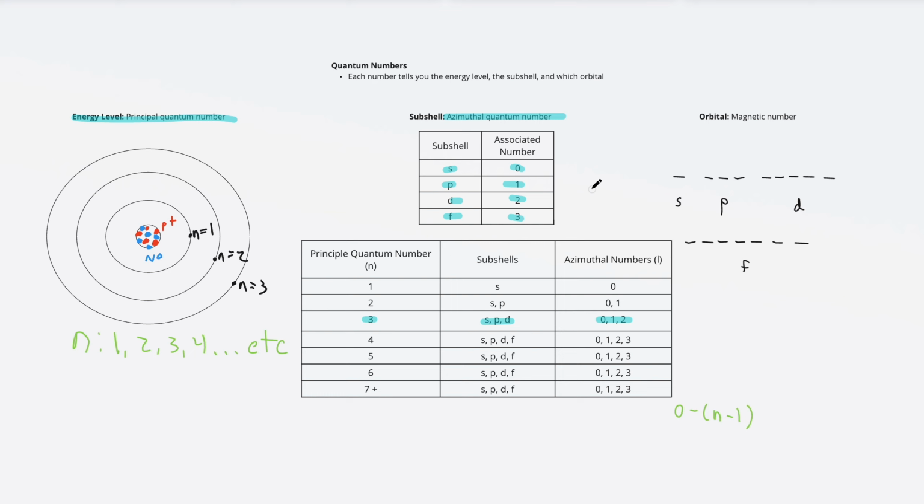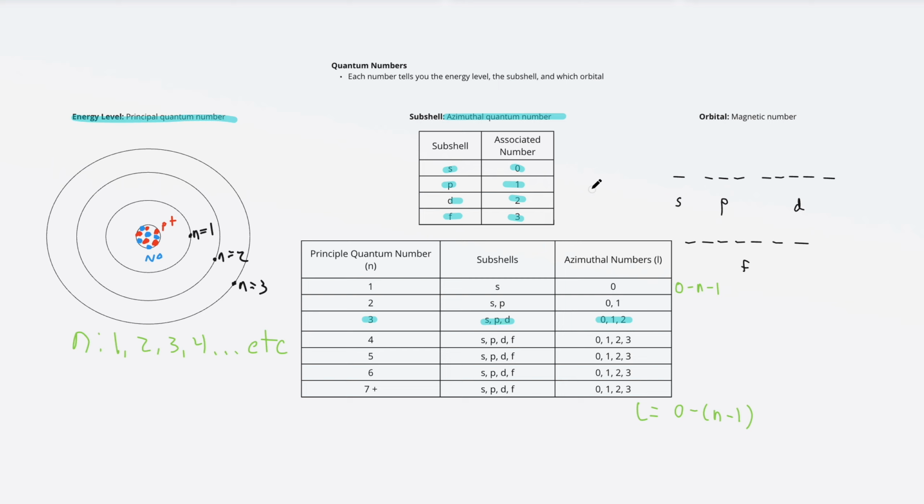A lot of textbooks will have l equals 0 to n minus 1. What that is saying is that the possible azimuthal numbers within an energy level would be 0 to n minus 1.